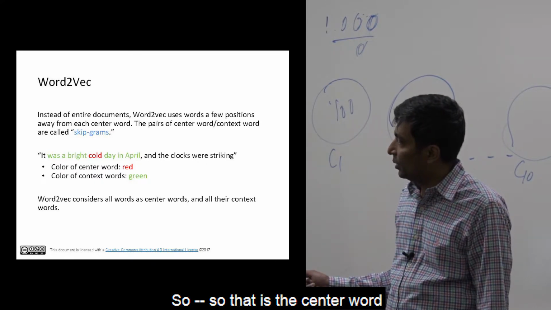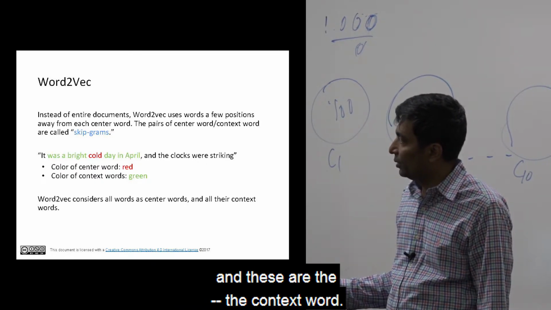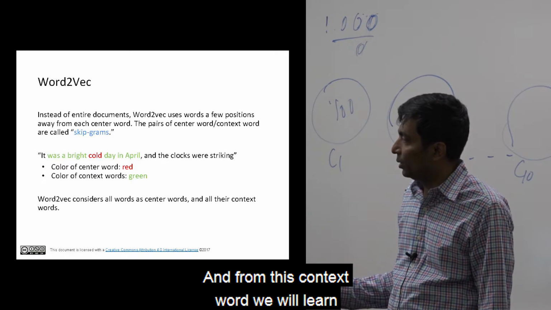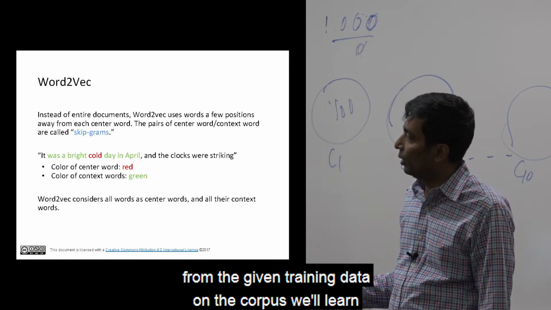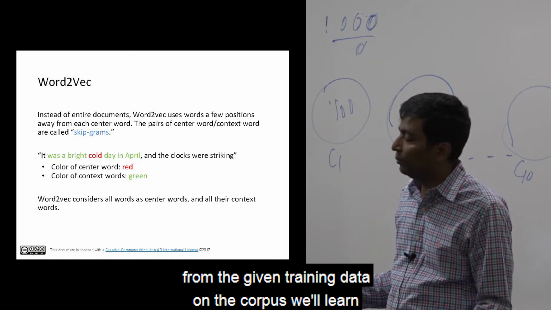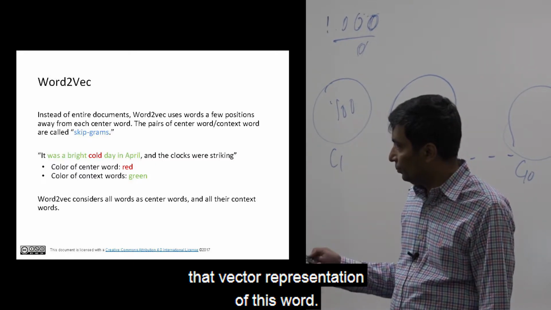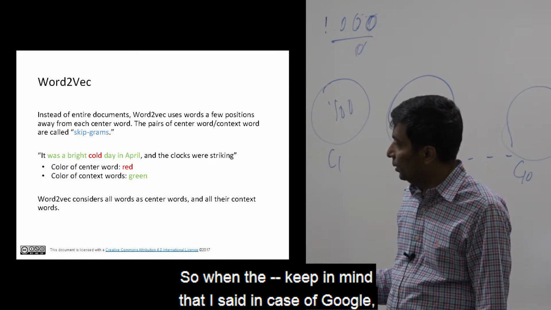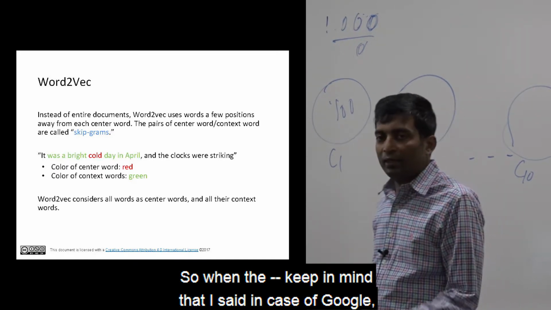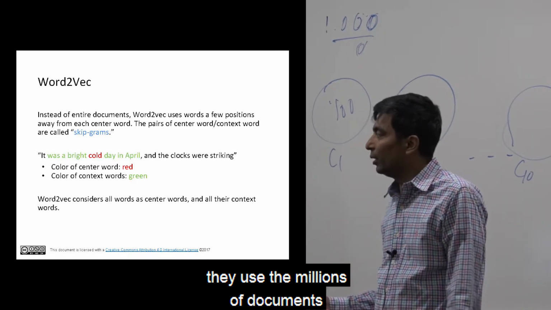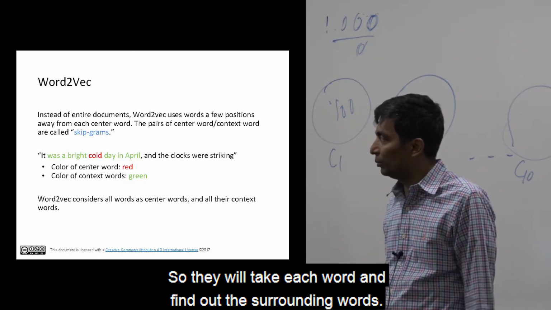So red is the center word, and these are the context words. From these context words, we will learn from the given training data, or the corpus, the vector representation of this word. Keep in mind that in the case of Google, they use millions of documents to train the model.